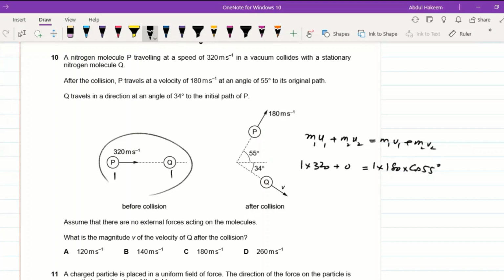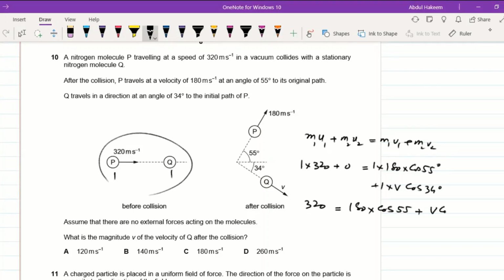And then plus this one: the mass is 1, velocity V, but its X component will be V cos 34°. So 320 = 180 cos 55° + V cos 34°. So we have to solve this.